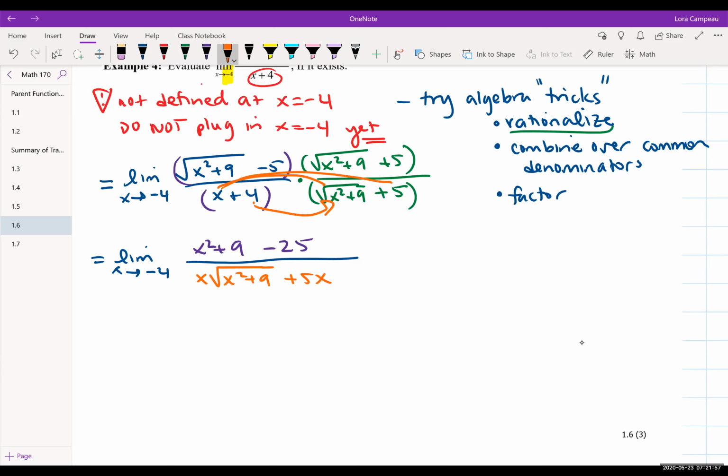So inner terms, 4 times the square root of x squared plus 9. And then the last terms, 4 times 5 gives me plus 20. So I have a very, very long expression in the denominator. So we can play and see what we have here.